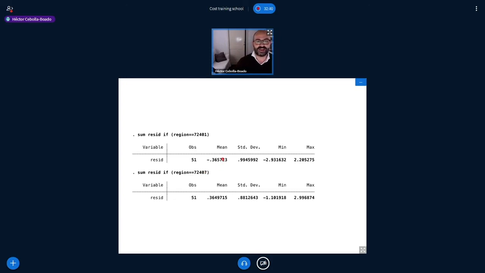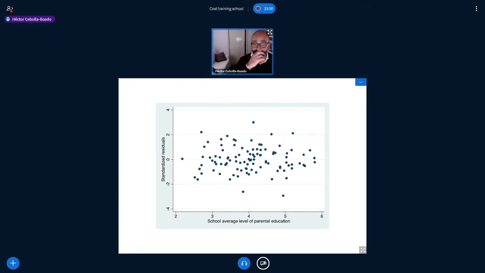Residuals are not distributed with an average of 0 within each of these two regions, right? So we will have a region in which on average residuals have a mean value of minus 3.6 or 3.4. And then the other one, in which residuals are distributed with a positive average, so 0.4. Let's see this graphically.